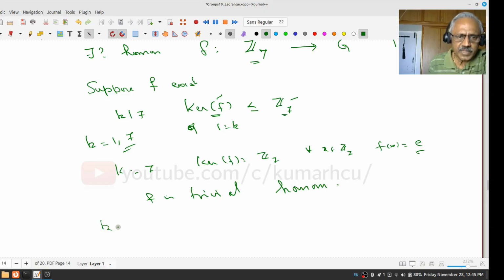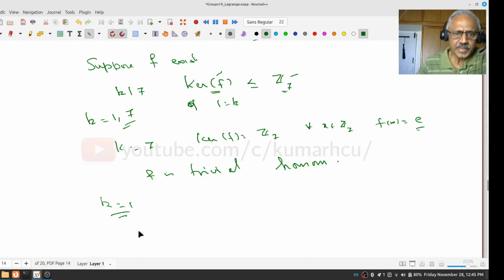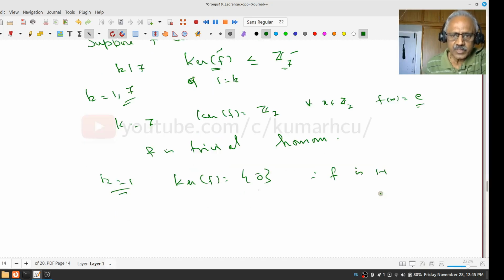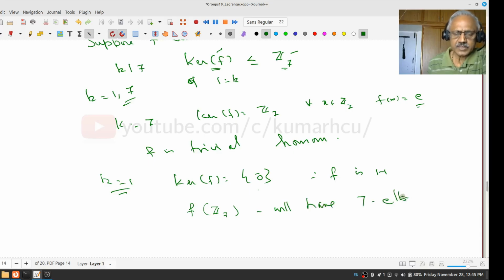Right? Suppose K equals 1. If K is 1, that means the kernel is trivial and consists of only the identity element. Therefore, F is 1-1. Since F is 1-1, now let's look at F of Z7. This will have how many elements? 7 elements.